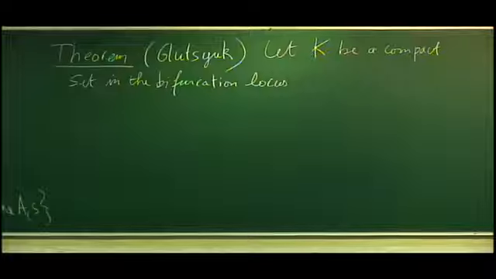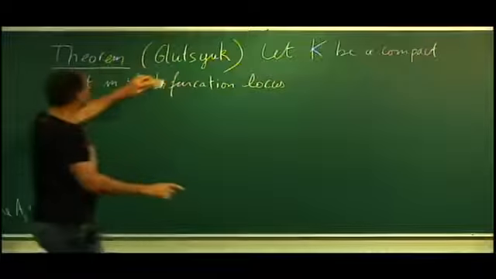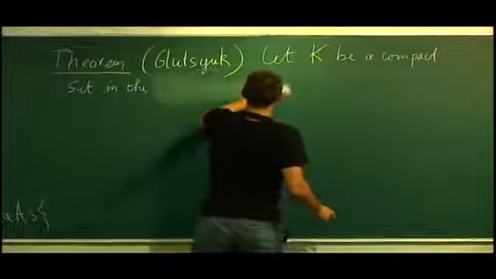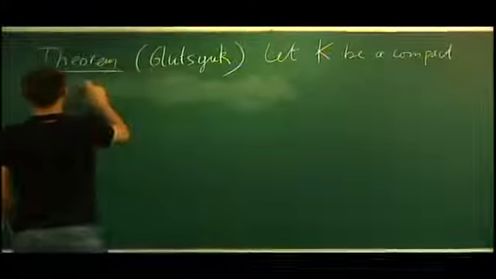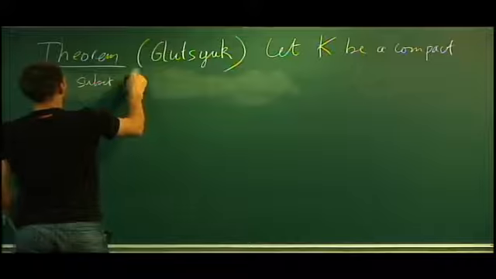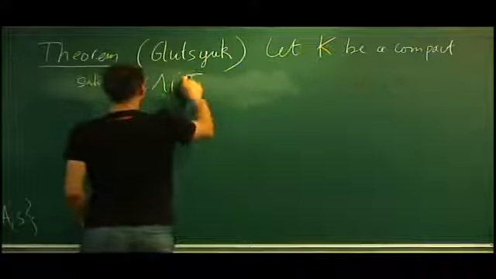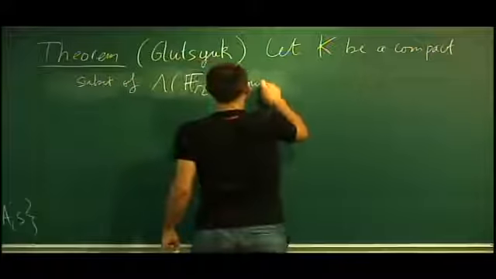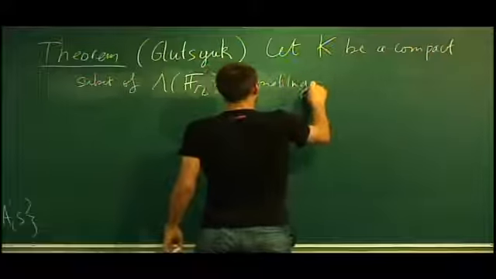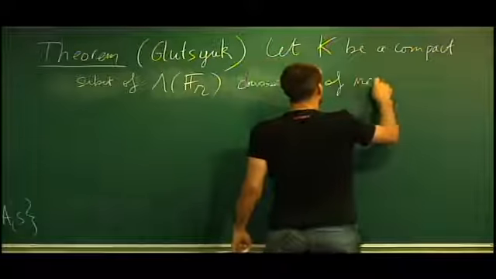No, this is not it. Sorry, it is in... So this is a compact subset of lambda of the free group, so of the set of representations of the free group, consisting of non-discrete representations.